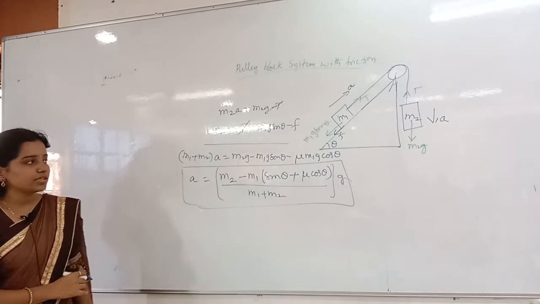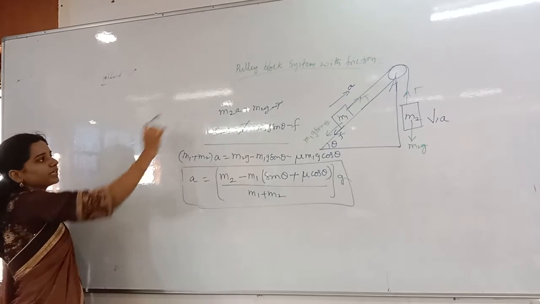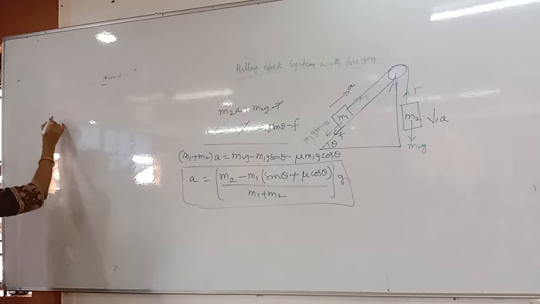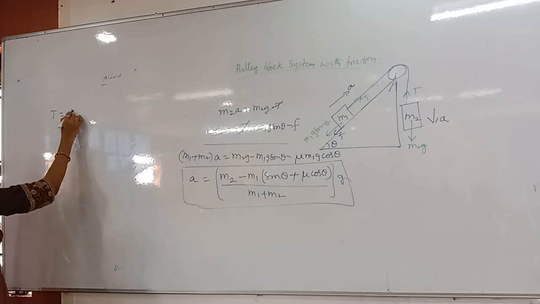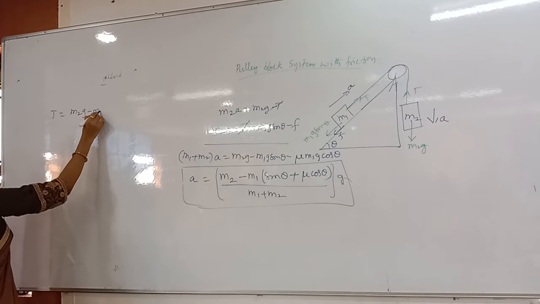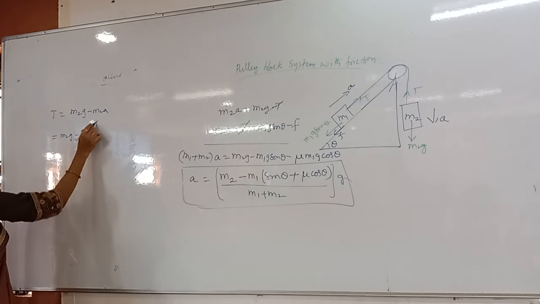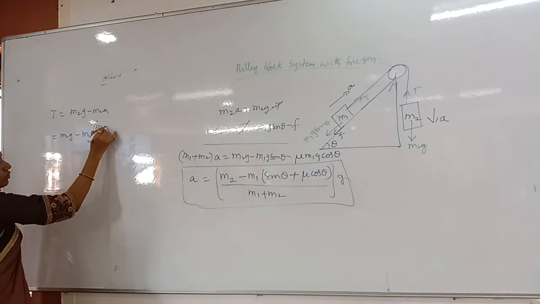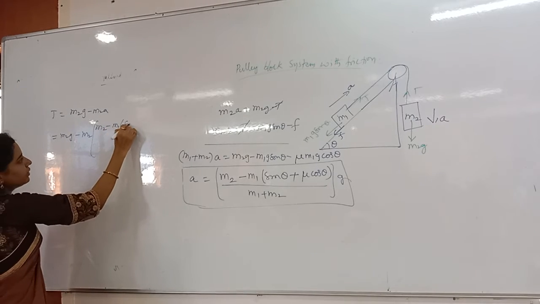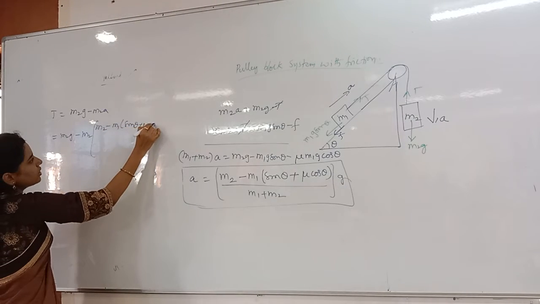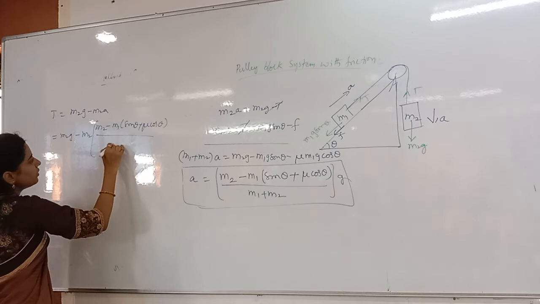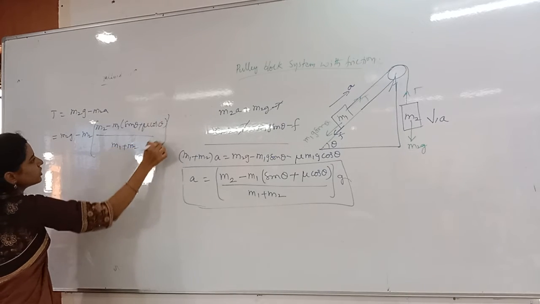Yes. Now you have to substitute this acceleration in equation 1. What is equation 1? T is equal to m2g minus m2a. Now m2g minus m2 into, what is the a value? m2 minus m1 sin theta plus mu cos theta by m1 plus m2, into g.